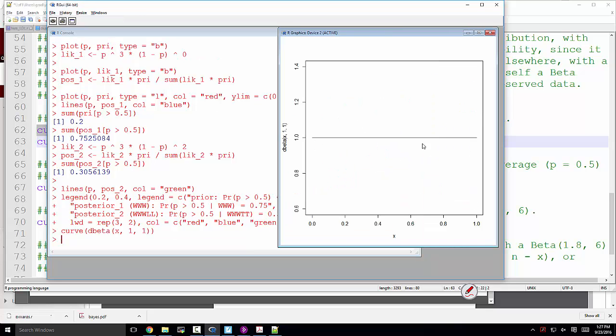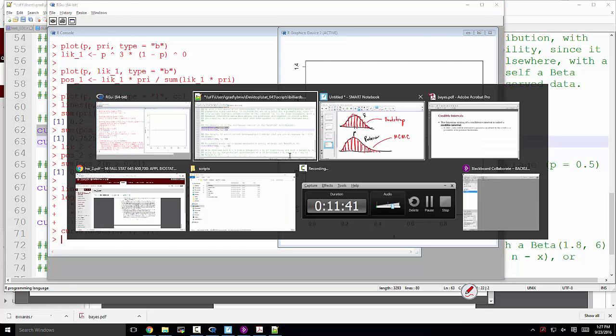Here's one beta that's flat between 0 and 1. If I didn't want to make any presumptions about the values of P, if I just wanted to let the data decide completely, I could use what's called a non-informative prior. This would be non-informative in the sense that I'm not placing really any additional weight anywhere. Every location is equally likely.